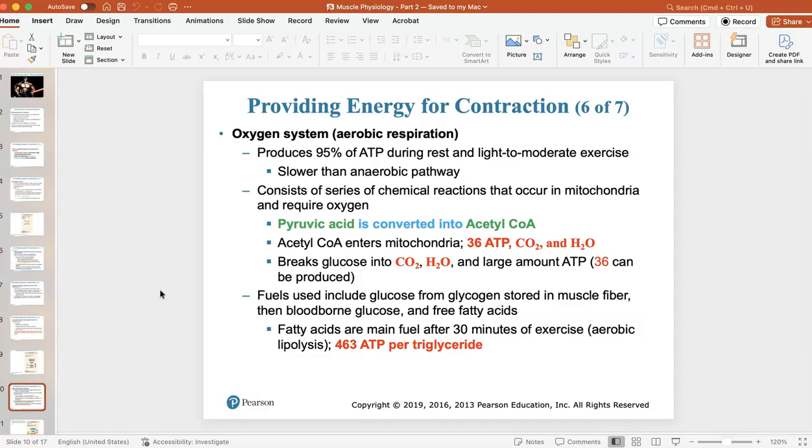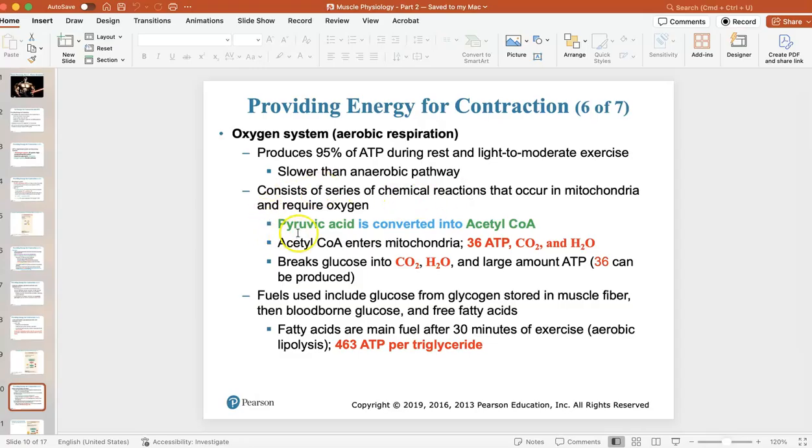Now, if the conditions of the activity are generally longer in duration, time-wise, and the activity is lighter intensity, then we move into what's called the oxygen system, or aerobic respiration. And this, as it says here, produces 95% of ATP during rest and light to moderate exercise. So our body now has the ability to use oxygen in the chemical reactions to make ATP.